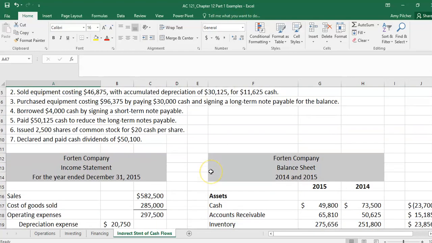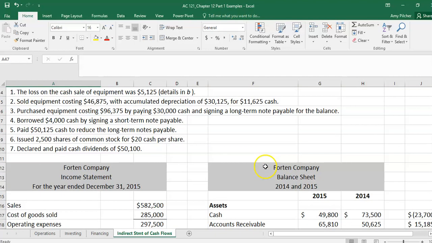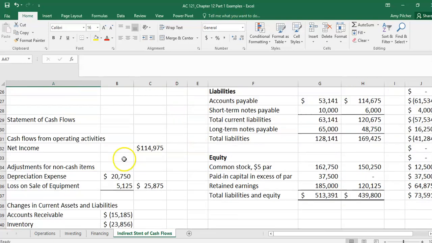So we come up here and we look for information about long-term investments. We see that in all of this information we have a sale of equipment and a purchase of equipment. And those are the two items that we have that are affecting long-term assets.